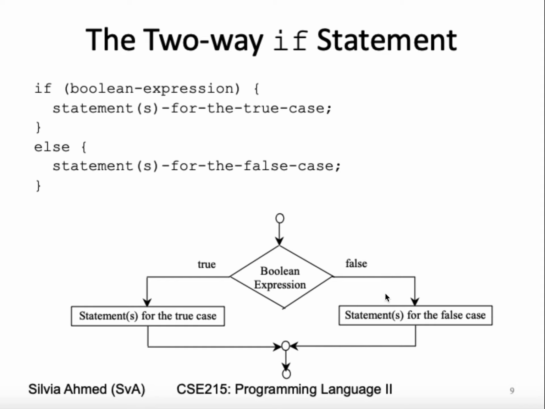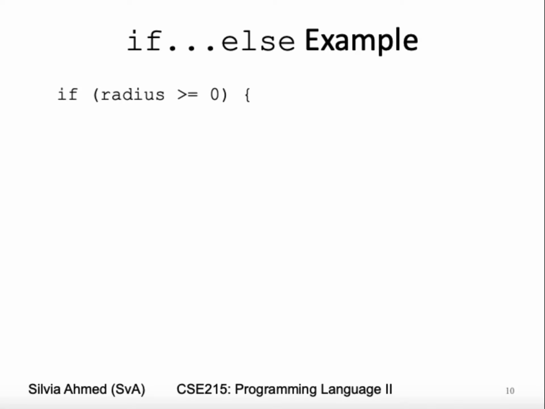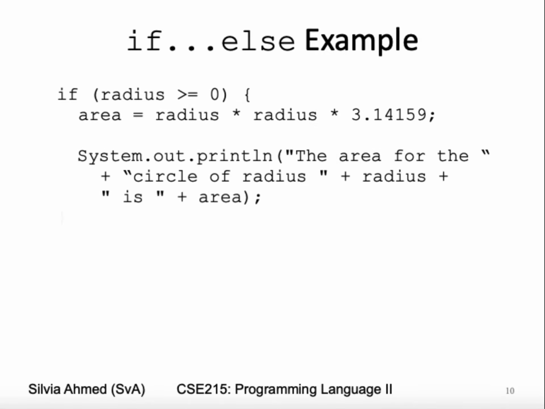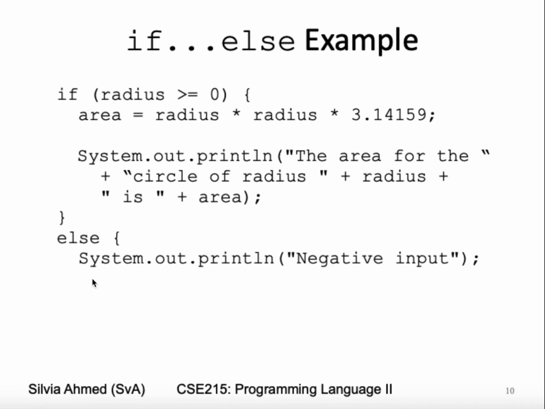With the false branch, there are some other statements that we need to execute. So let's look at an example. If our radius is positive, like before, we will calculate the area. But if the radius is negative, now we will do something else. And what will we do? We will simply put an error message that it's a negative input.